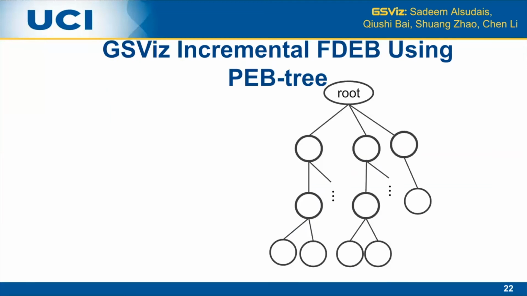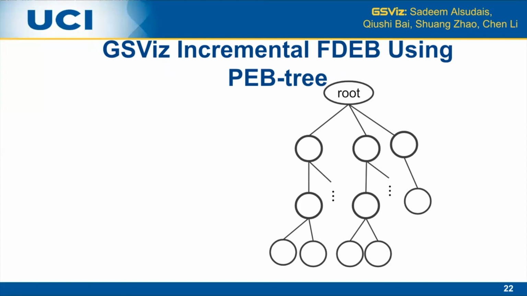To solve this, we propose PB tree, which stands for Progressive Edge Bundling Tree. It is an indexing tree structure to drive the search in a way to avoid exploring all the edges to compute the compatibility. We also use one node only from the tree to compute the forces on the control points instead of using all compatible edges.